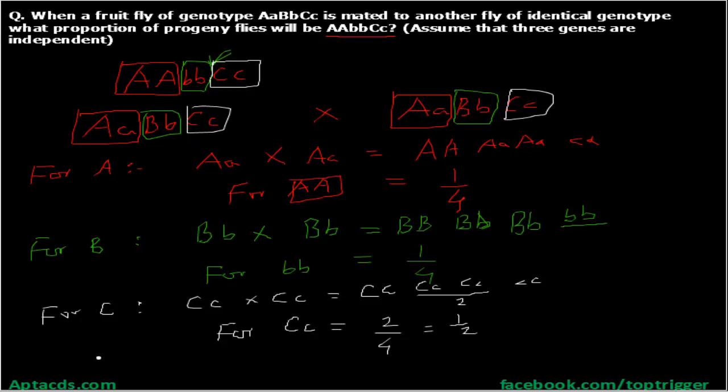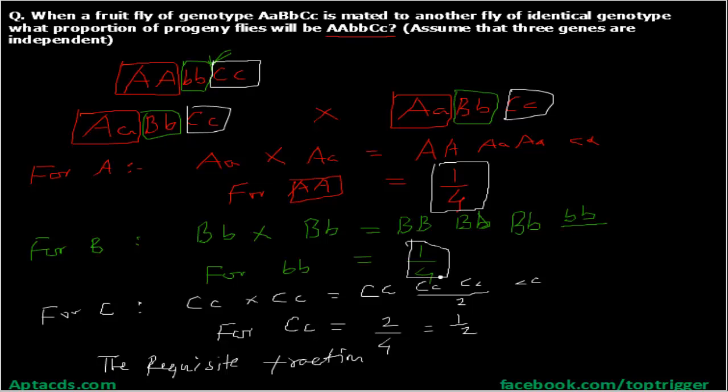So finally, the requisite fraction for the given genotype will be the multiple of the individual fractions we got, that is equal to 1 by 4 into 1 by 4 into 1 by 2.